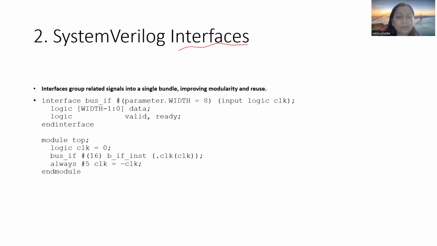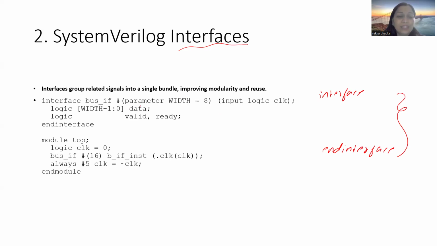So how do I define this bundle? I define it inside interface, endinterface. So I have interface followed by the interface name, and then I enclose it with endinterface. In this enclosure, I define all the wires which need to be bundled. So for example, I'm bundling a generally 8-bit bus here, because I have parameterized width as 8, so width will be replaced with 8, 8 minus 1, that is 7:0.